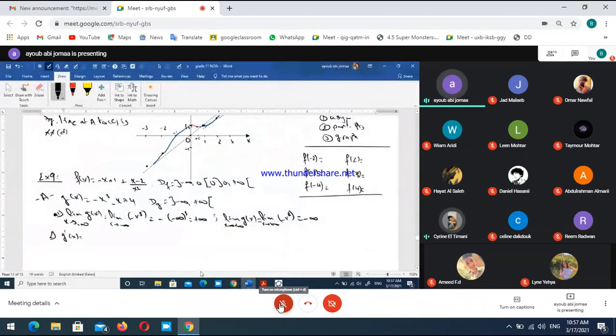g prime of x and the table of variations. g prime of x is negative 3x squared minus 1. Then we set it equal to 0.